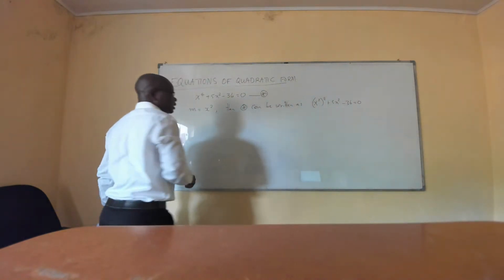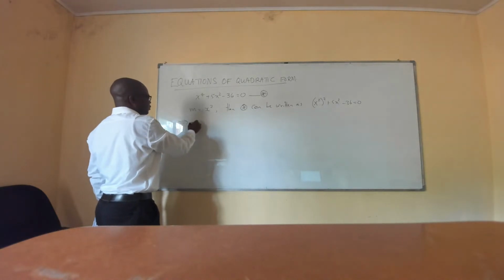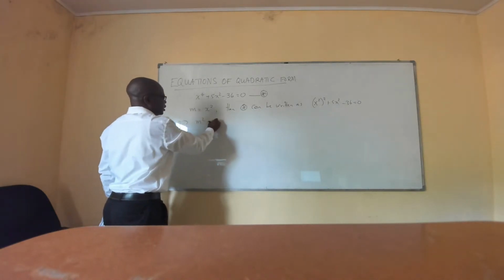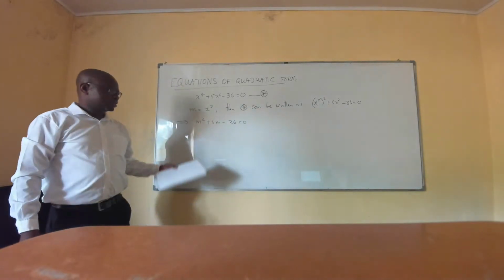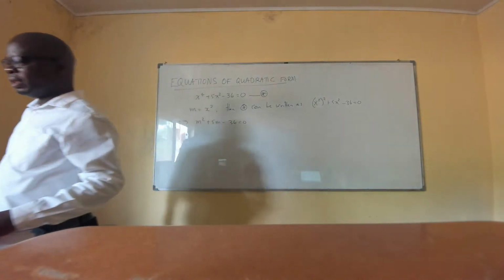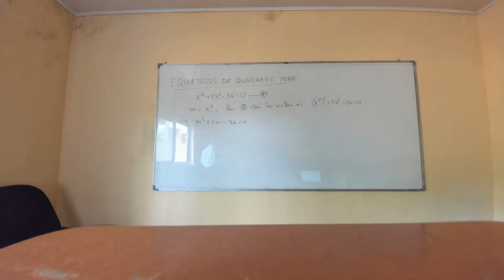But using the fact that m is x squared, we have m squared plus 5m minus 36 equals 0. Then this can easily be recognized as a quadratic equation in m.